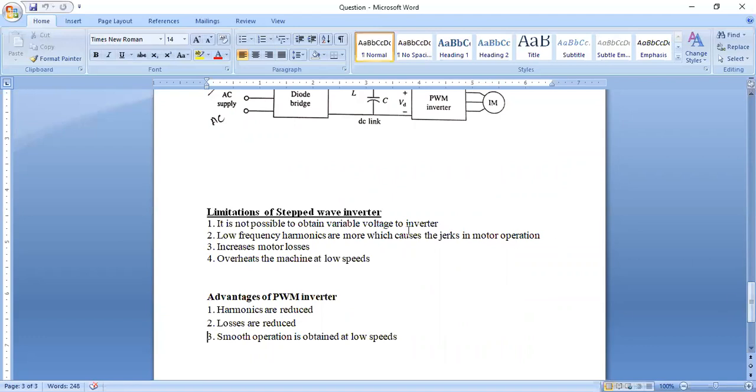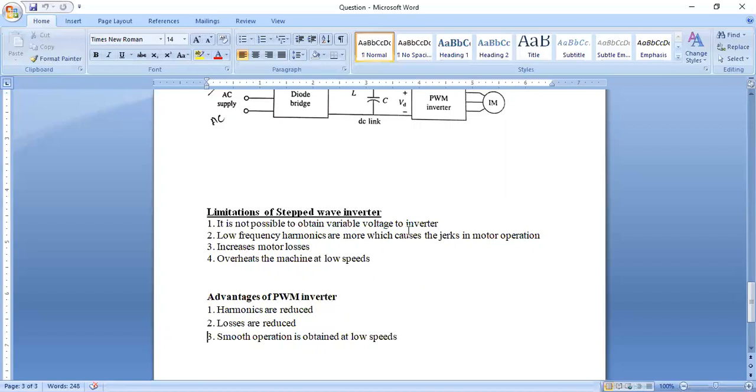Due to that, low frequency harmonics will enter into the motor, which generates pulsating torque. Due to that pulsating torque, jerks happen in the motor operation, and there is more vibration. That increases the losses and overheats the machine.